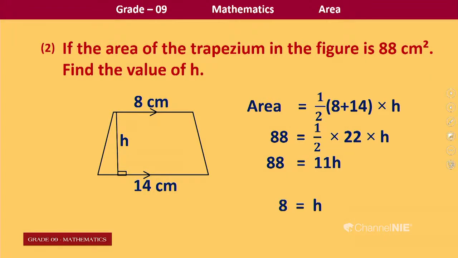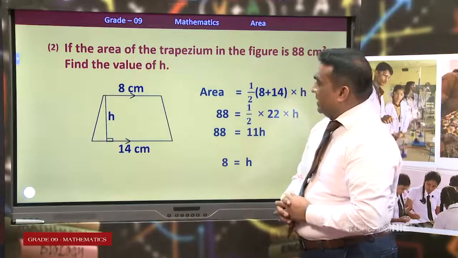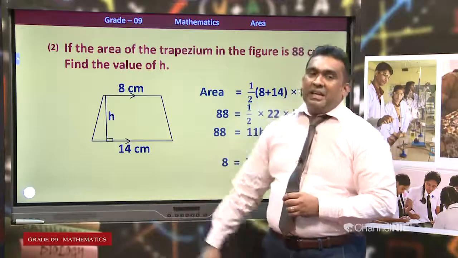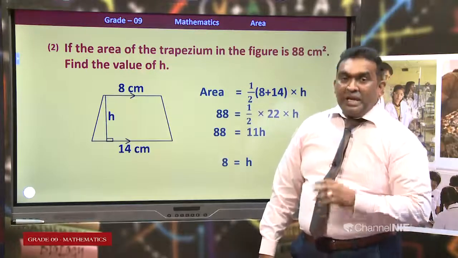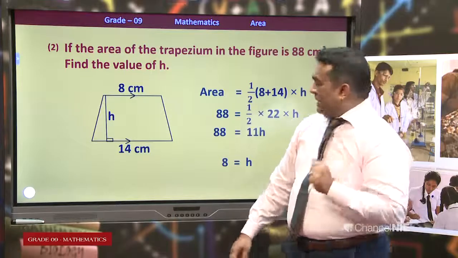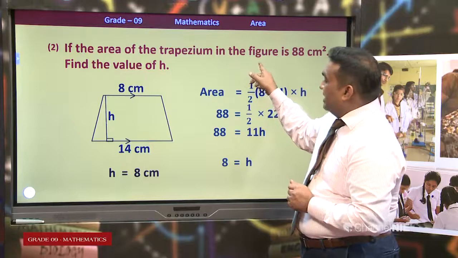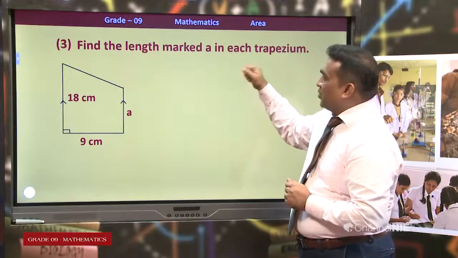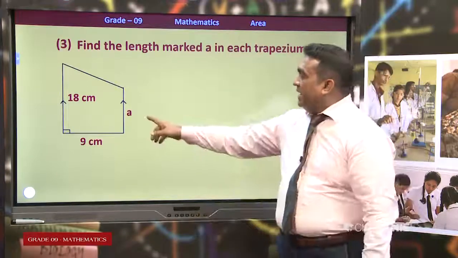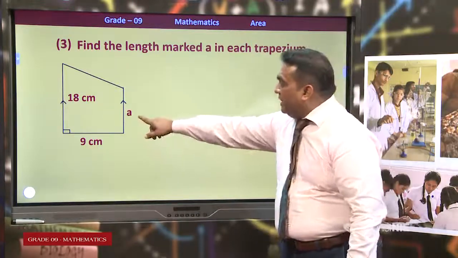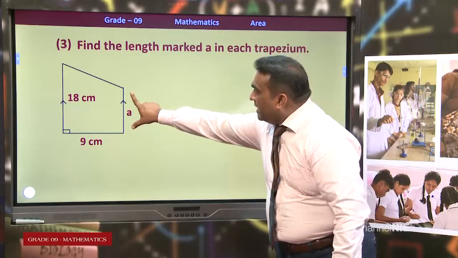Now, to find out the value of h, divide both sides by 11, h equals 8 centimeters. Therefore, the perpendicular height of this trapezium is 8 centimeters. Can you remember it? Yeah. Then next one, h equals 8 centimeters.